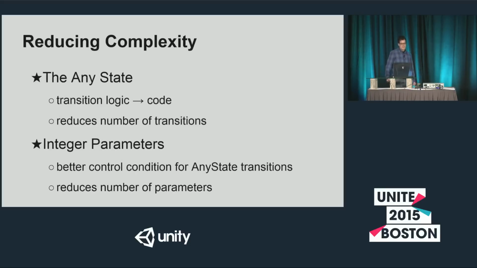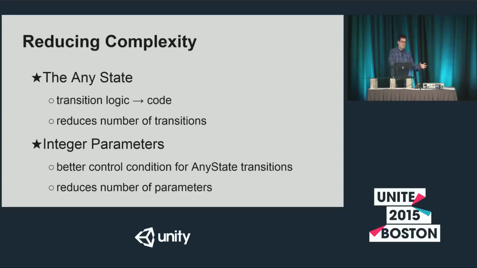First, reducing complexity. I found that the use of the any state was particularly helpful. One of the downsides of that, though, is that you're moving the transition logic out of the state machine and into the code. One of the nice things about these state machines is that you can put logic into them. So if you are in one state, there's only a certain number of states that you could transition into.